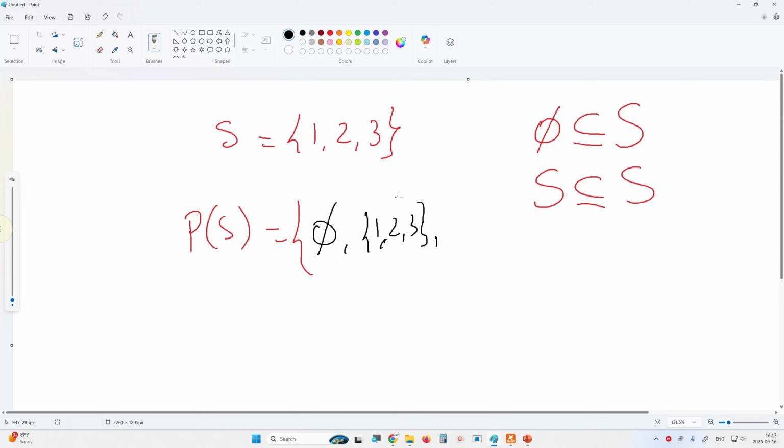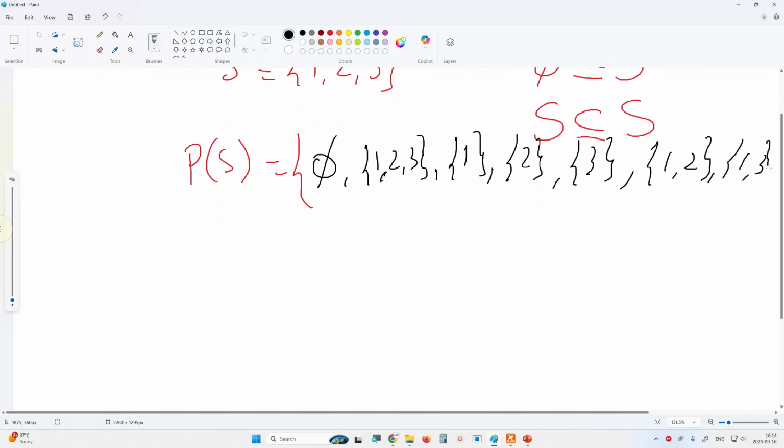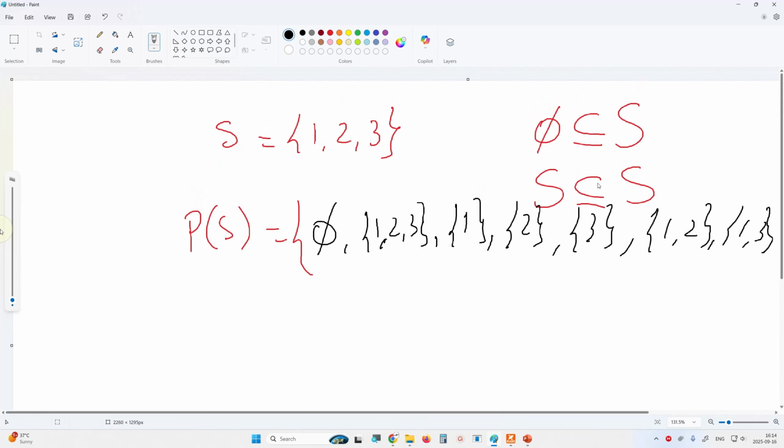Then I'm going to check all the possible combinations of subsets that I can have. I can have a set with only one element, which is also a subset of S. I can also have 2 and 3. So these are the individuals. Then I can also have 1, 2, and also 1, 3, which is another combination that can be a subset.